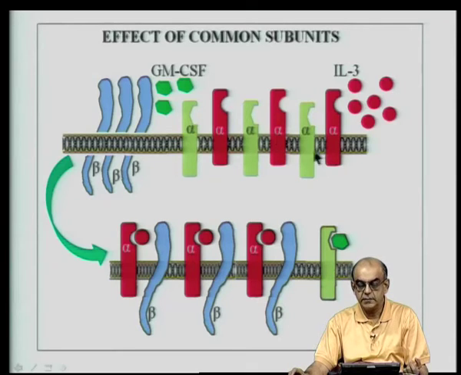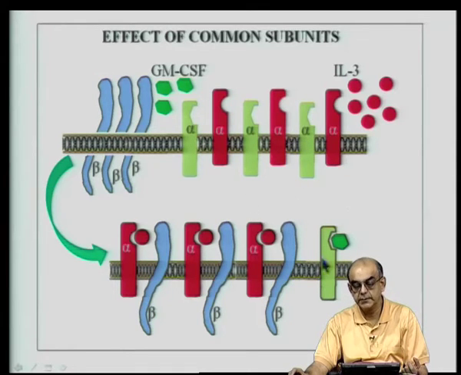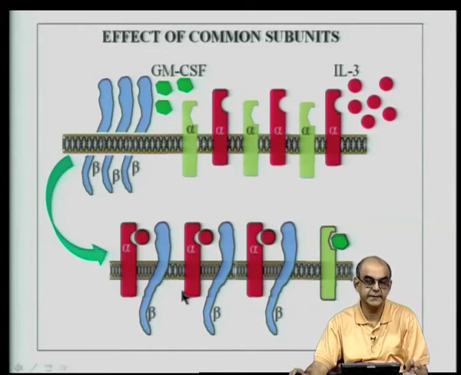Now, when these 3 are bound by the cytokine, the available signal transducing subunit, the beta subunit, then binds to these alpha, but they cannot bind to the unbound alpha subunits of GM-CSF. They can only bind to those that are bound to the GM-CSF and make it a high affinity interaction.